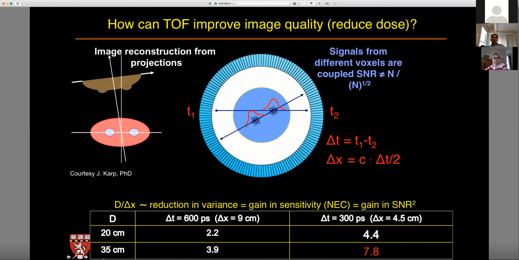So by having an area of emission that is more restricted of where I think I had my annihilation, I have decorrelation of those lines of response, which is very important when we're going to do our tomographic reconstruction, because we're going to do back projection along the whole line for every event. So that's 1. 2, instead of saying that the annihilation happened somewhere along this whole line, I'm saying it happened only in this area.